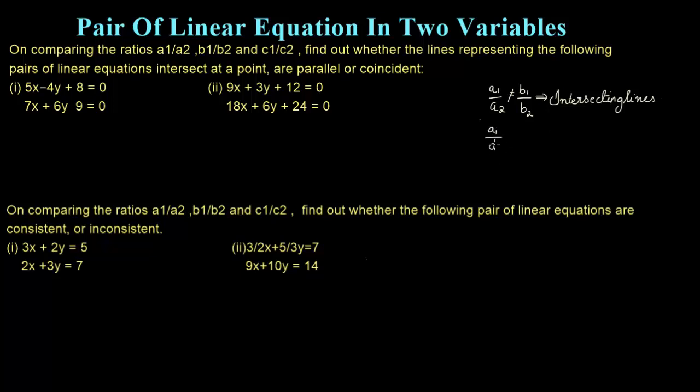Then if a1 by a2 is equals to b1 by b2 is also equals to c1 by c2, then these are which type of line? Coincident line.